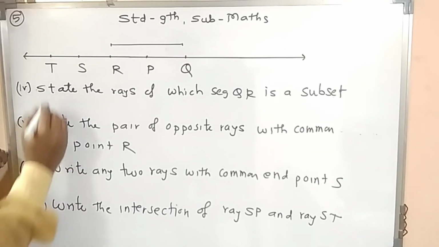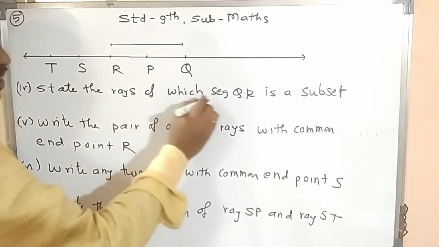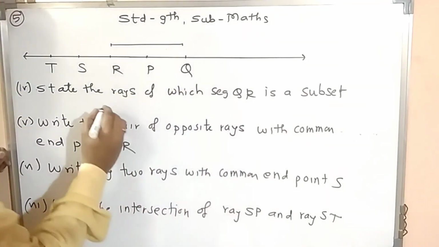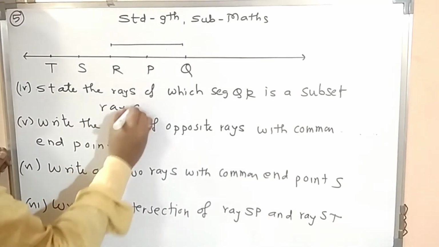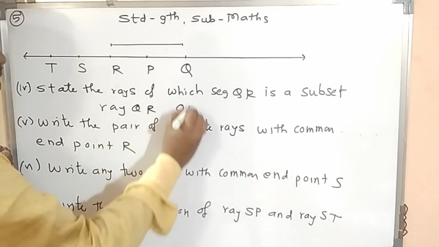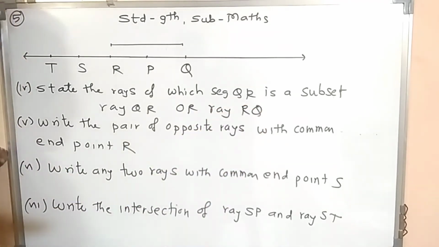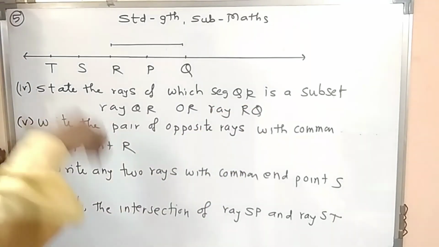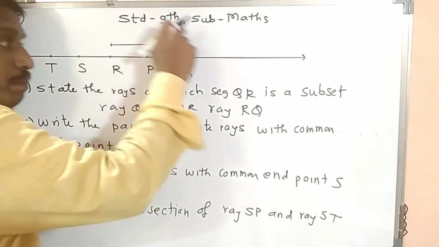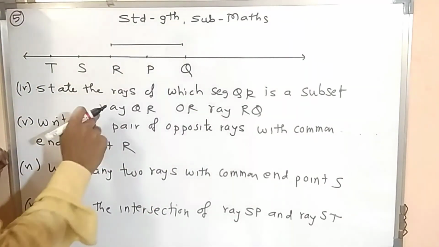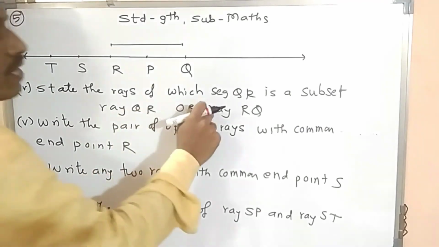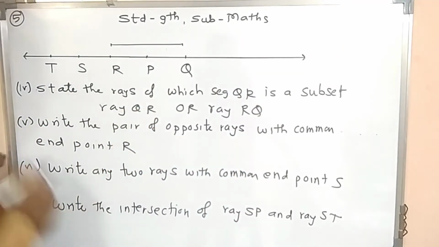So the rays of which segment QR is a subset are ray QR or ray RQ. Why? Because all the points on segment QR are there in ray QR as well as in ray RQ.